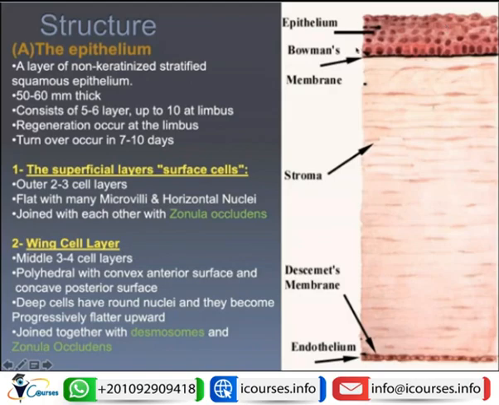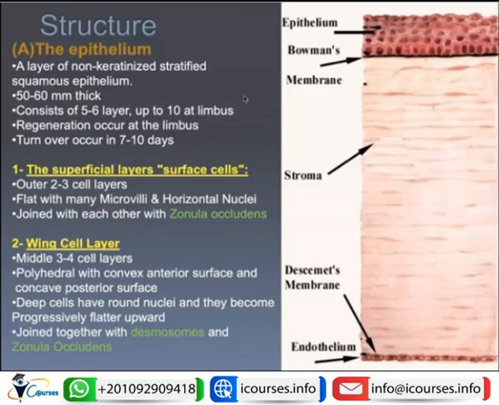The layers of the epithelium are not equal in distribution or thickness, so they are increasing toward the limbus. As we said, the cornea is thicker toward the limbus, reaching about 10 layers at the limbus. And the limbus is like a progenitor, the source of the epithelium.